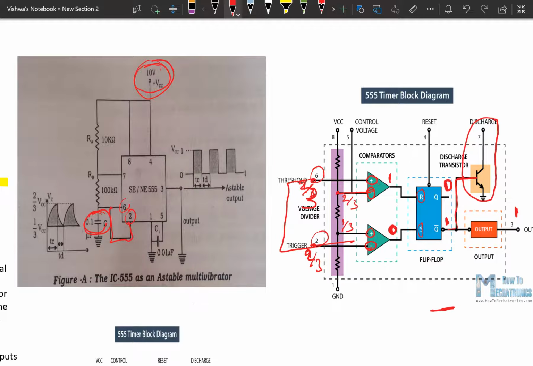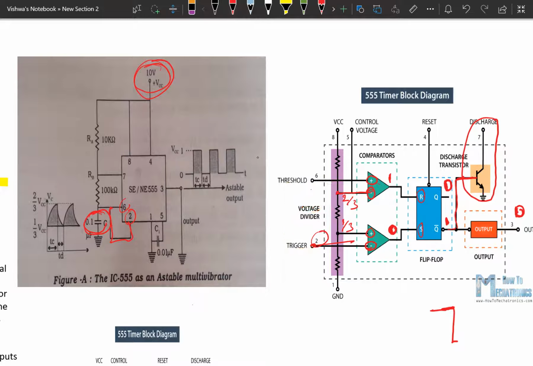When it starts conducting, this capacitor starts discharging through this transistor. When it starts discharging, the output now becomes 0. 0 means it is the lower state. That means now the capacitor starts discharging from the 2/3 value.